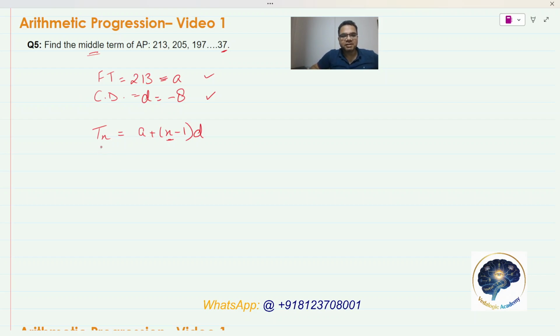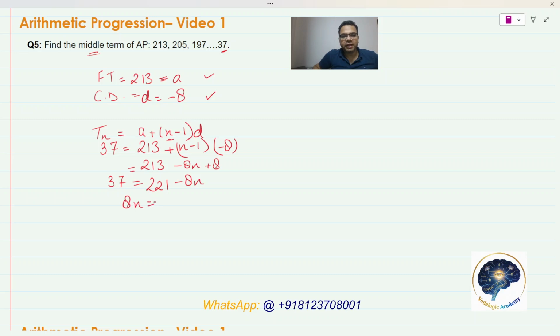This is the first part where we are trying to find the length of the AP. So term n is nothing but 37, a is 213, and we don't know n, we have to find it out, and d is minus 8. So let's open now. 213 as is, minus 8n, minus into minus is plus, so it becomes 221 minus 8n. Now I'm going to bring this 8n to the left hand side and this 37 to the right hand side.